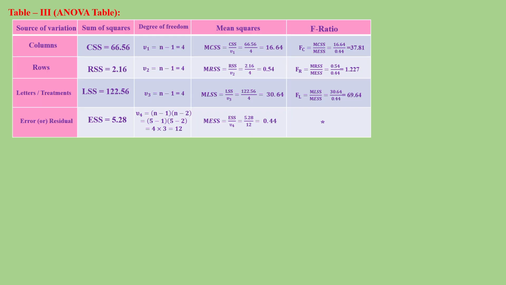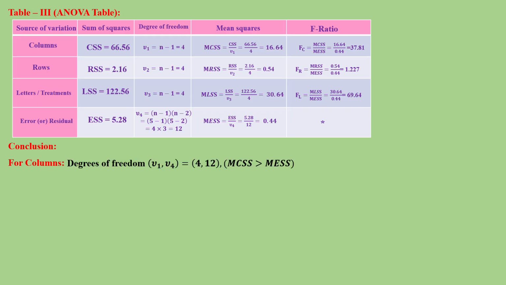Here MCSS is 16.64 and MESS is 0.44. MCSS is greater, so always write MCSS in the numerator and the lowest one in the denominator. Then you find the ratio, right? Similarly for all the ratios FR, FL.